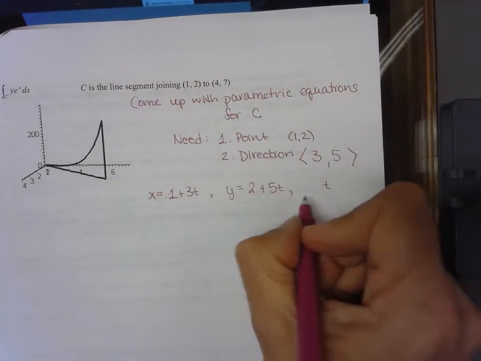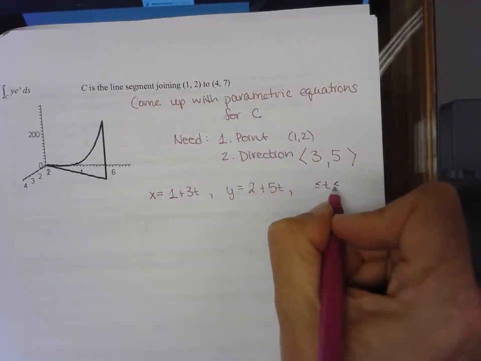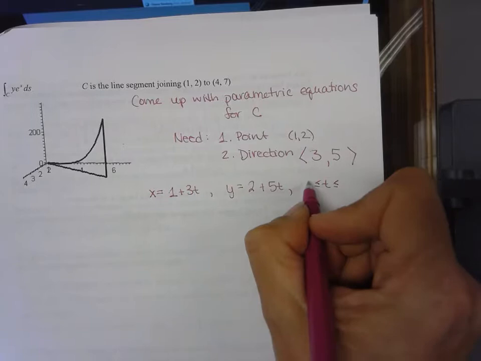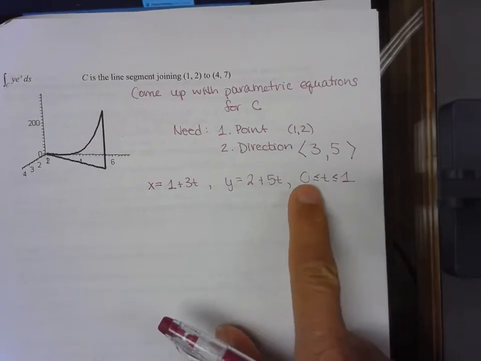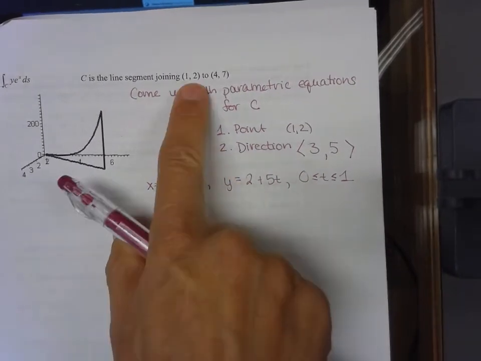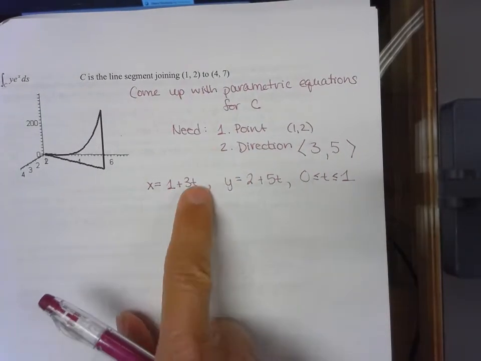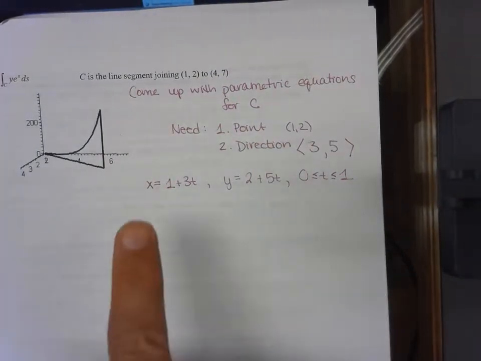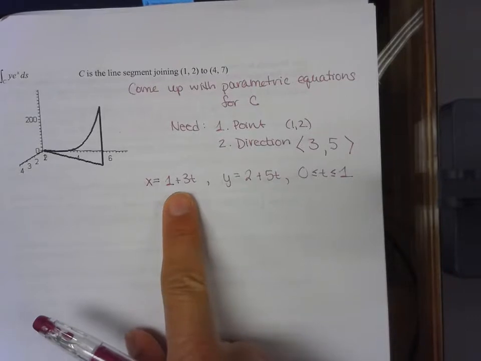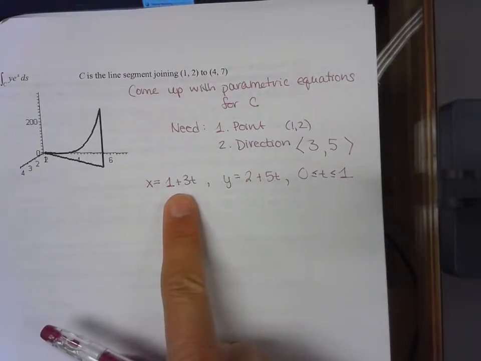I want a segment. T goes from 0 to 1. Always when you do it this way, t goes from 0 to 1. You can check. When you plug in t equals 0, you get (1, 2). When you plug in t equals 1, you get 1 plus 3, which is 4, and 2 plus 5, which is 7.